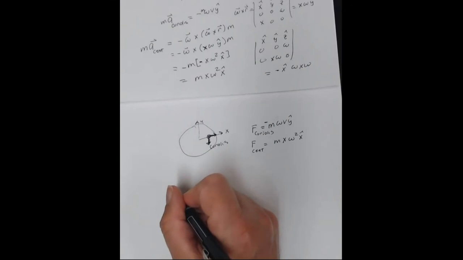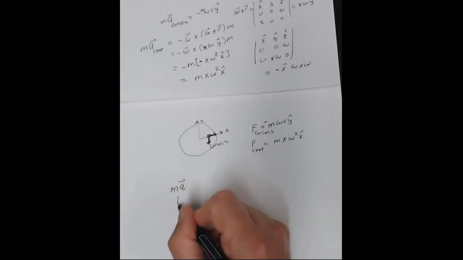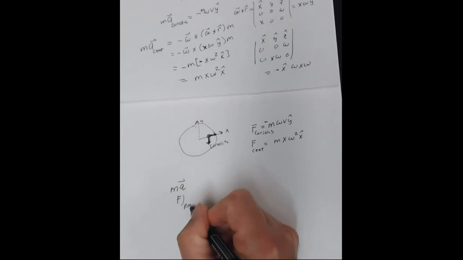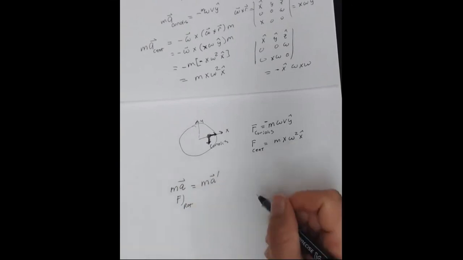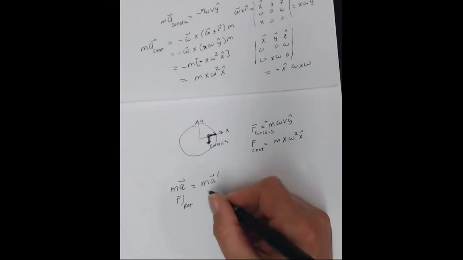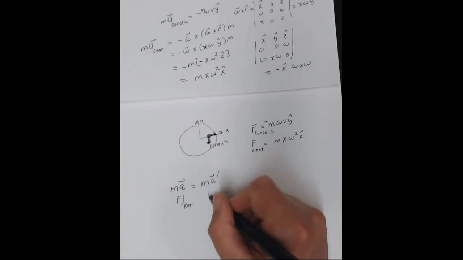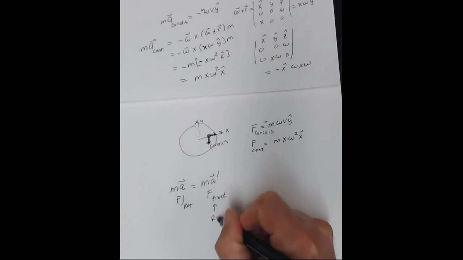Now, instead of accelerations, I'll write it as m a, the force seen from the rotating frame, is equal to the force seen from the fixed frame, obeying Newton's laws of motion. This is what we would call a real force, gravity or whatever.